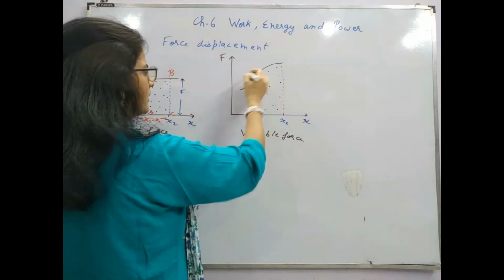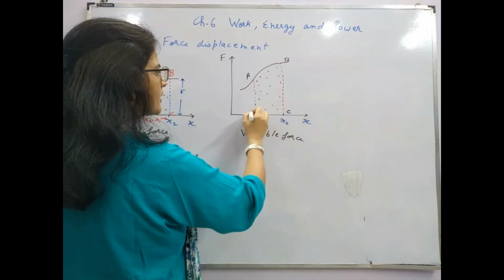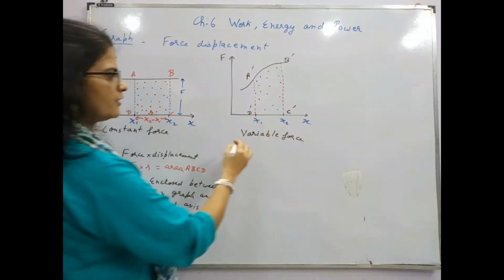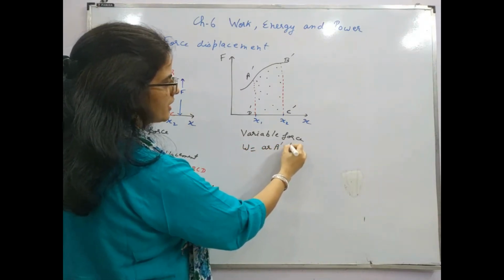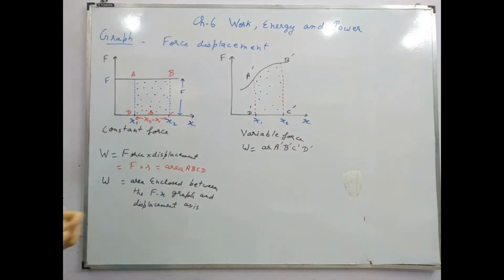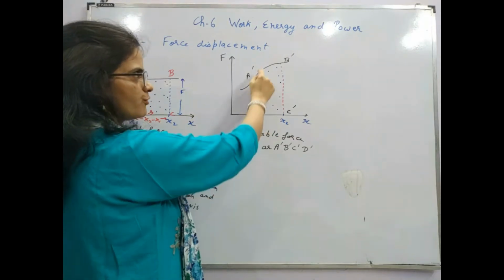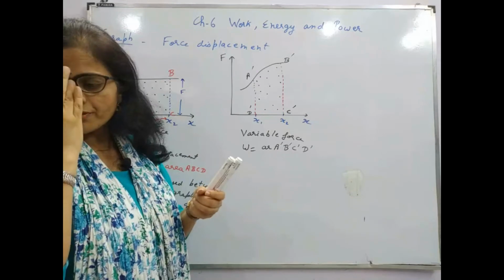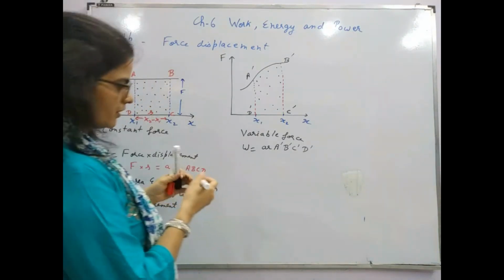And I can mark it again A, B, C, D dash. So here work will actually be the area A dash, B dash, C dash and D dash, right? But how to find that? We know that this is a variable force and for every displacement the force is different. So here we use the concept of differentiation and integration, which we have studied in chapter 3.